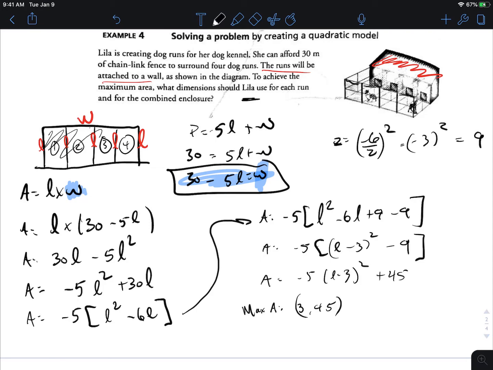This area here is going to be 45 for the big one, but how many of those pens do I have? 4 of them. So if I take that number and divide by 4, I should get the area of each pen.